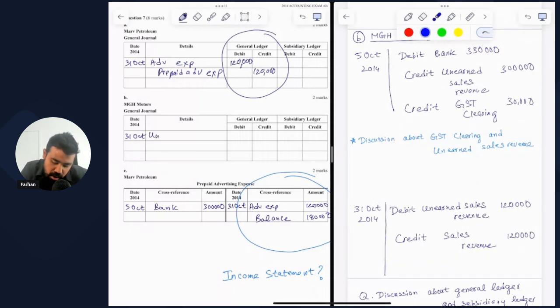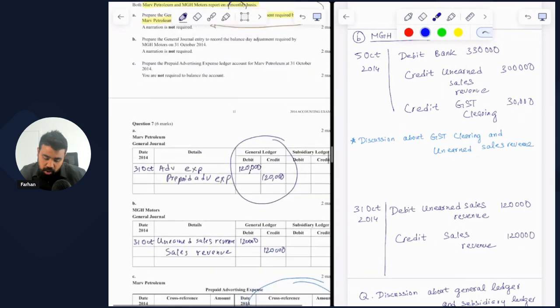So we debit unearned sales revenue by $120,000, which again means to reduce the liabilities of the business. And then we credit sales revenue by $120,000, which simply means that we have earned some revenues, and these revenues are now to be used as part of the profit calculation. Okay. All right. So let's see what's next.